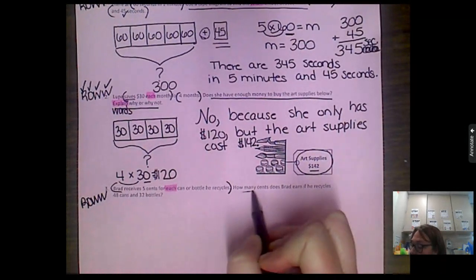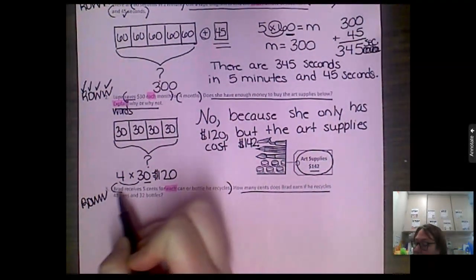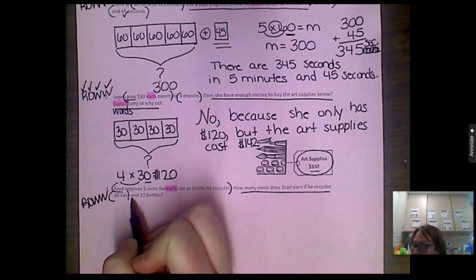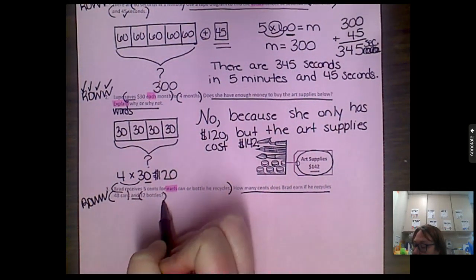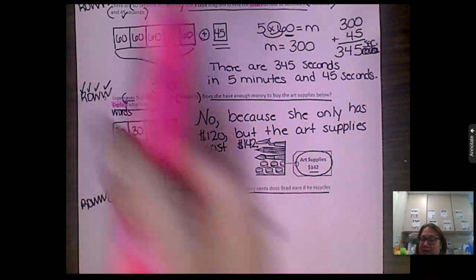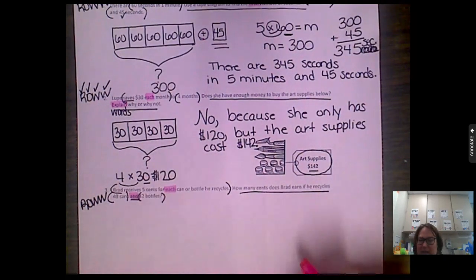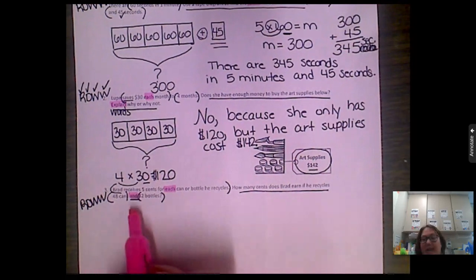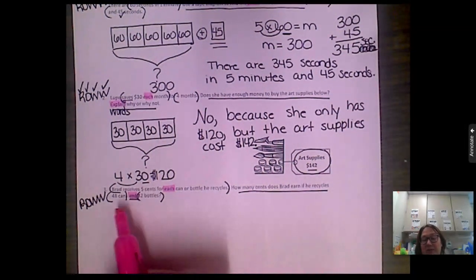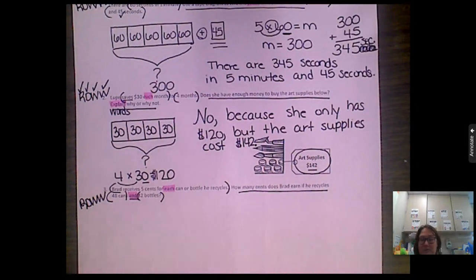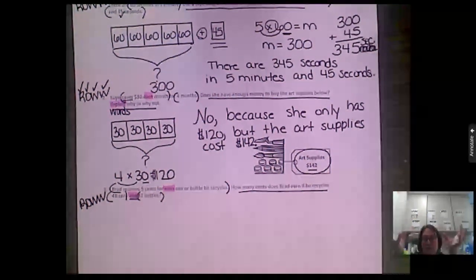How many cents does Brad earn if he recycles 48 cans and 32 bottles? I want to bring your attention to this word, and. We don't think of and as a clue word, but when we see and between two amounts like this, 48 cans and 32 bottles, so he has 48 cans and 32 bottles.